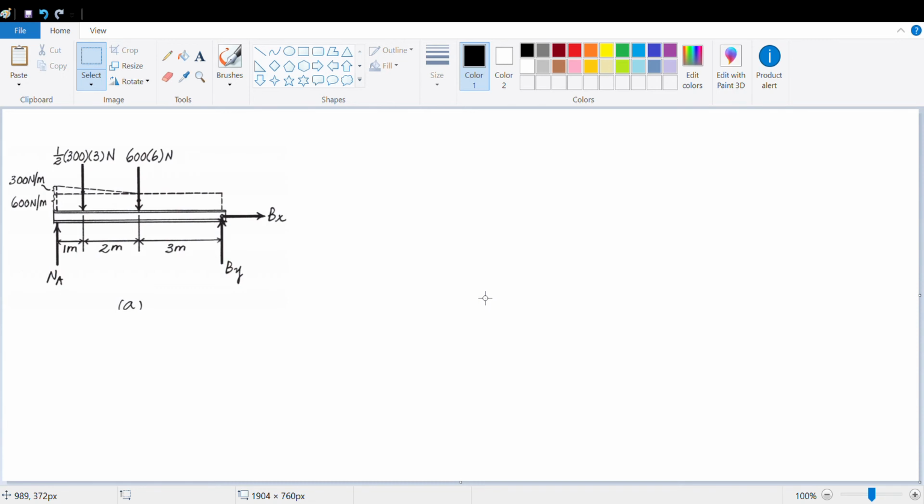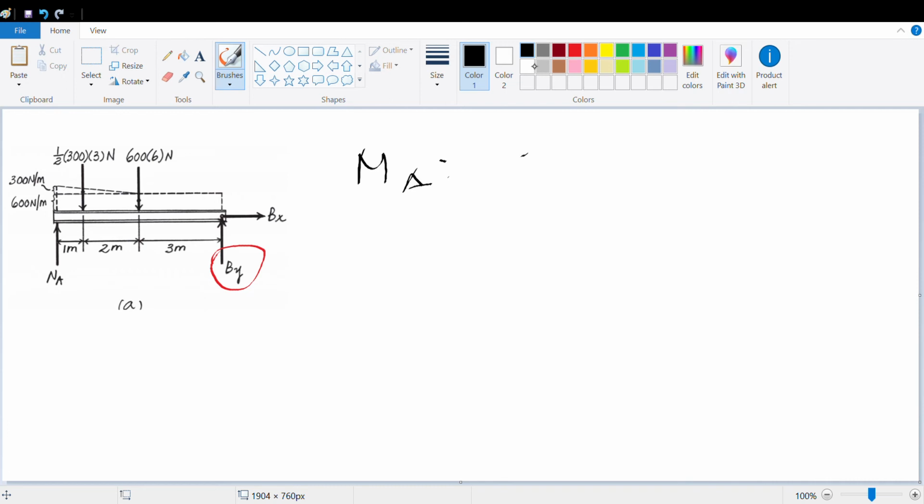So my equations, I will start with the moments around A. So this is going to be the force produced by By, which is positive, times the distance, which is 6 meters.